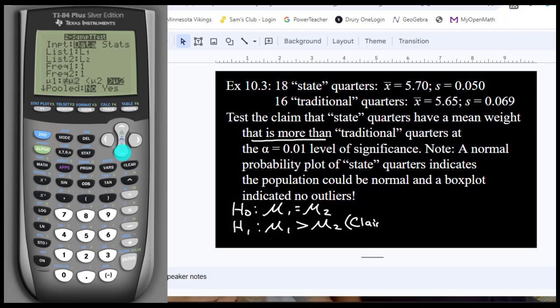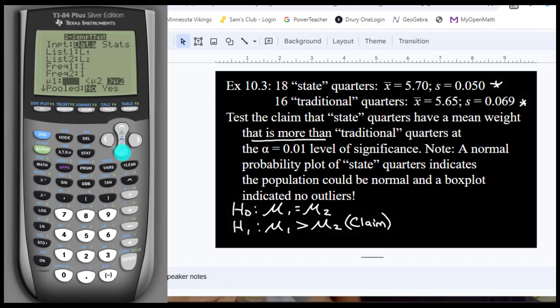I should have mentioned the claim on the previous one also. Notice a normal probability plot of state quarters indicates the population could be normal, and a box plot indicates no outliers. The other thing to think about is the number of traditional quarters. There's so many, we're pretty much guaranteed that that is going to be a normal distribution. Notice I did give us the summary statistics here, but we're going to actually see those in just a minute as we do this problem. So let's take a look.